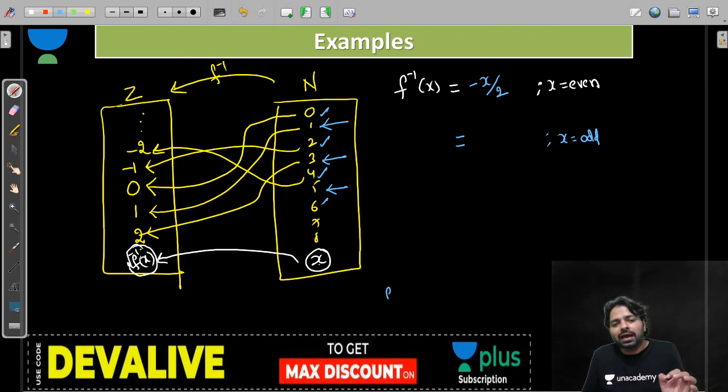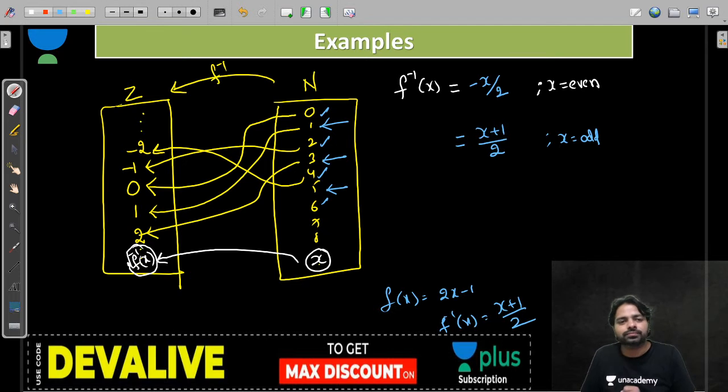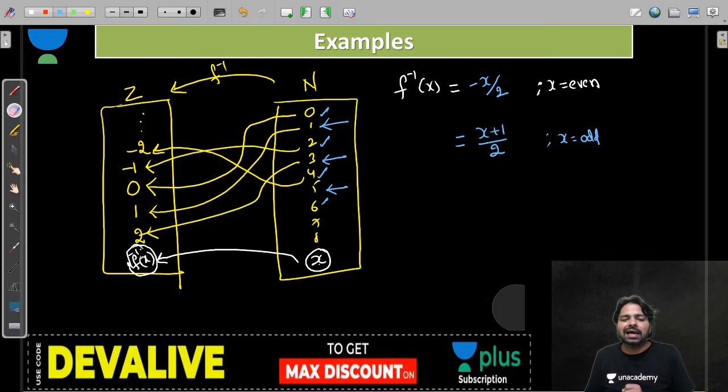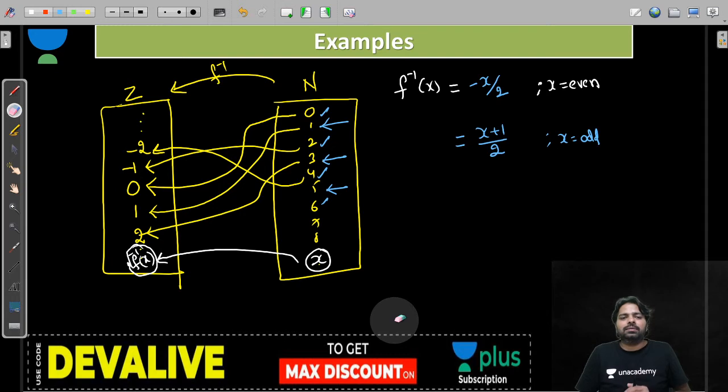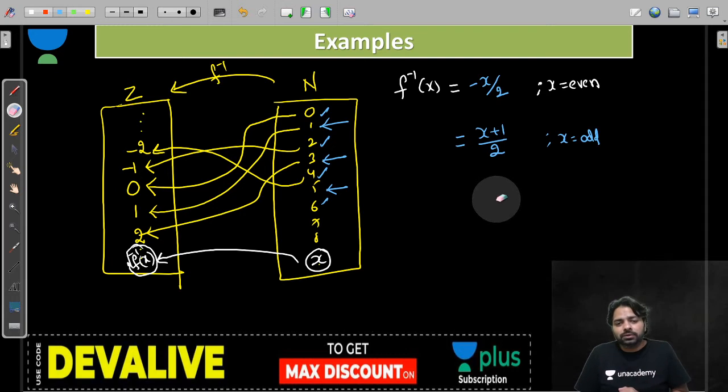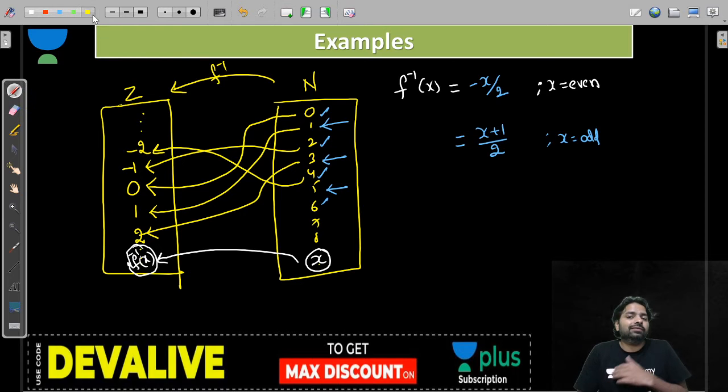And remember, f of x is equal to, we got to f, and if you want f inverse of x, then x plus 1 by 2 comes. If you have calculated inverse functions, then you can use that method to compute inverse too. But you can use numbers to understand the inverse mapping also.